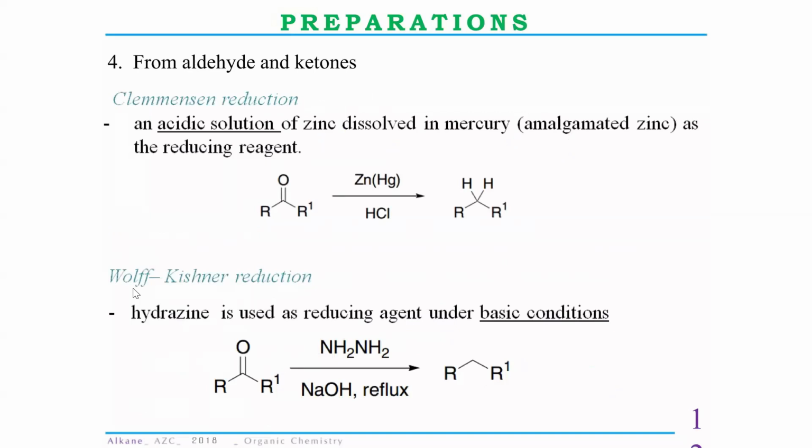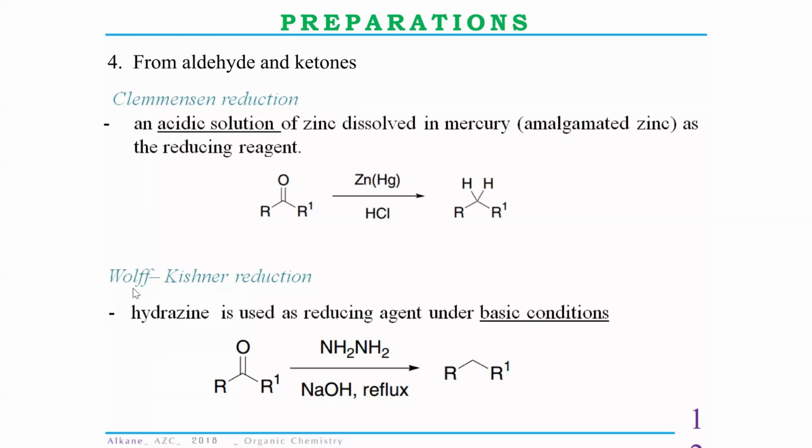So we have what we call Clemmensen reduction. In the Clemmensen reduction, an acidic solution of zinc dissolved in mercury, that is amalgam of zinc, is the reducing agent. So here we use zinc amalgam, which serves as a reducing agent in the presence of hydrochloric acid.